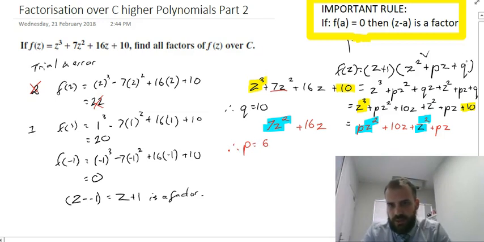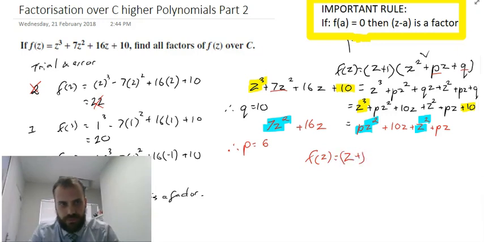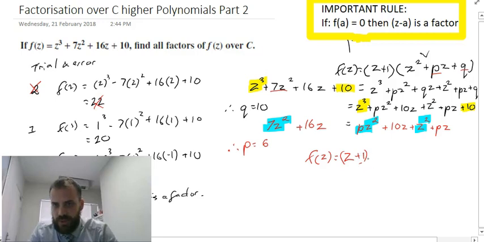So now I know what q is, and now I know what p is. I can rewrite my equation. So now I know that f of z is equal to z plus 1, bracket, z squared plus 6z plus 10. Alright, looking pretty good here.